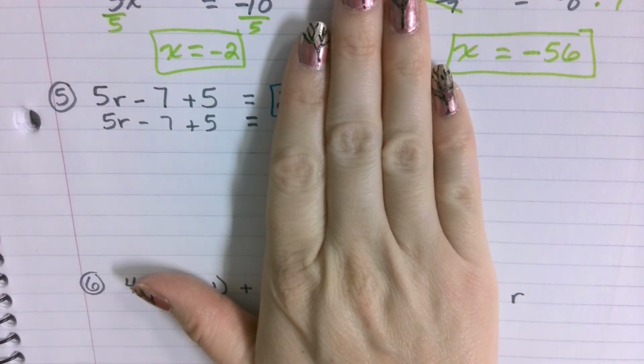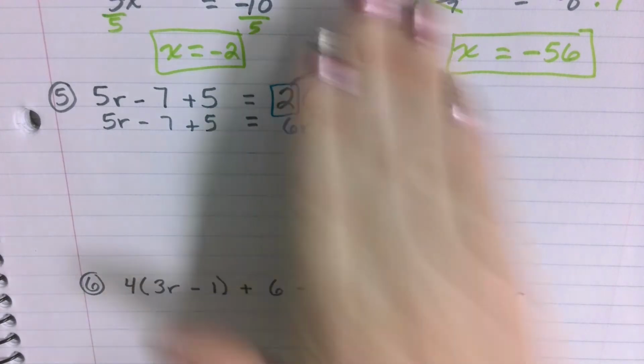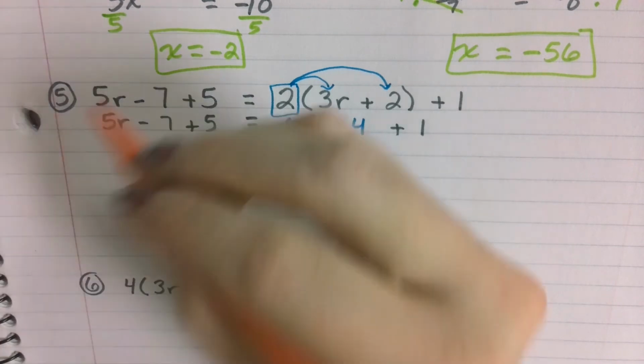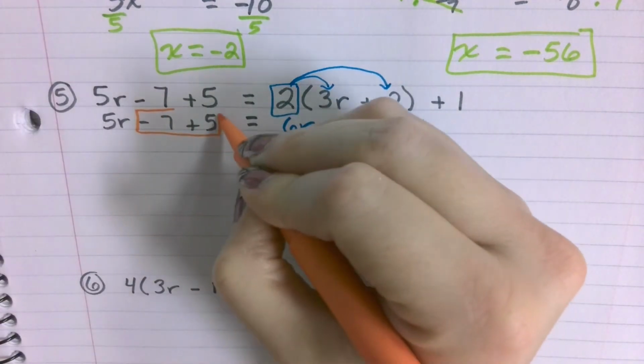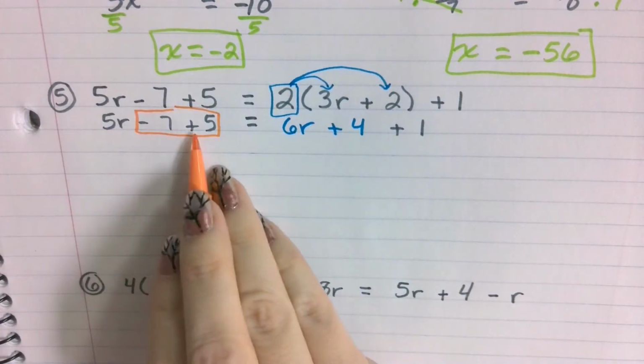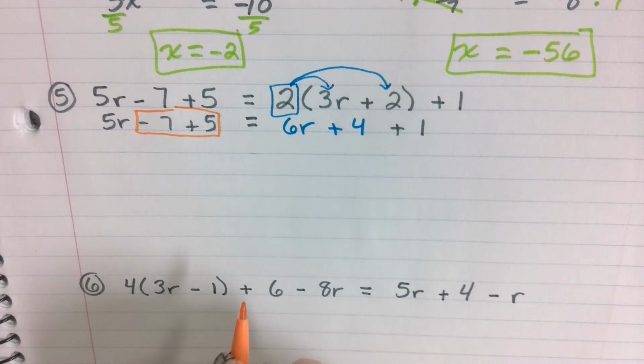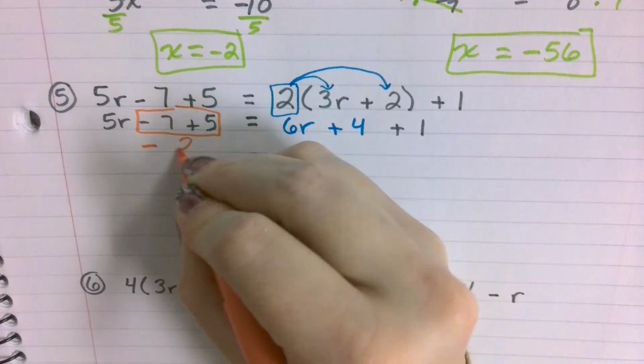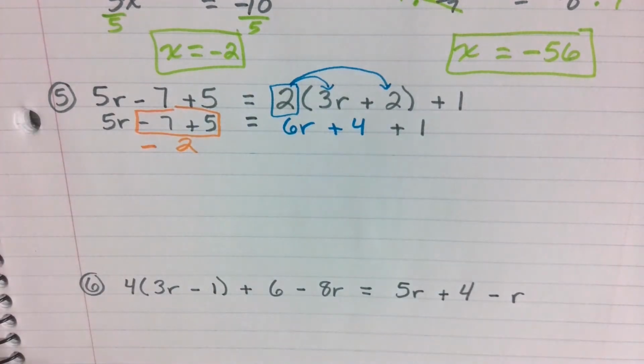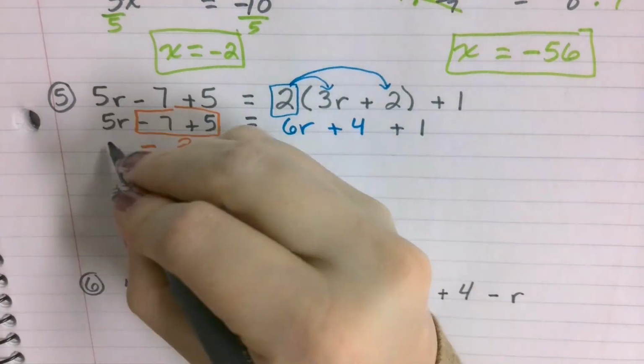Yes, what? Negative 7 and positive 5. Negative 7 and positive 5 can be combined together. What is negative 7 plus 5? Negative 2. So we're going to put negative 2, which now is going to act like a minus 2, because that 5r is going to come straight down.